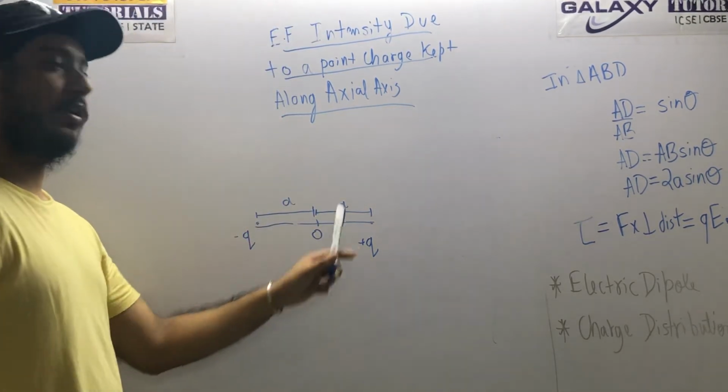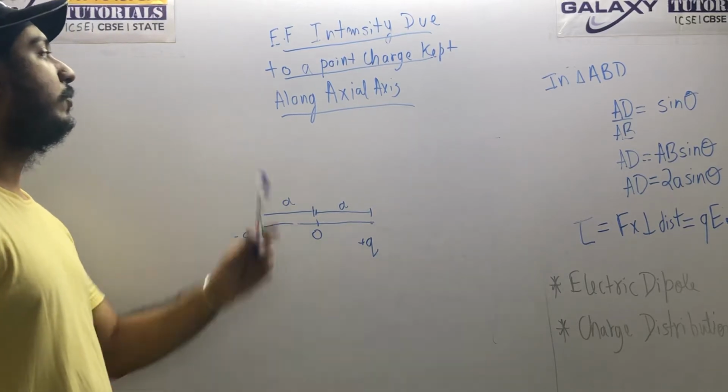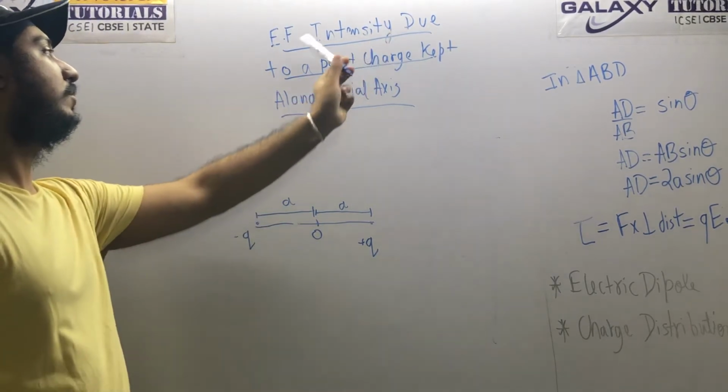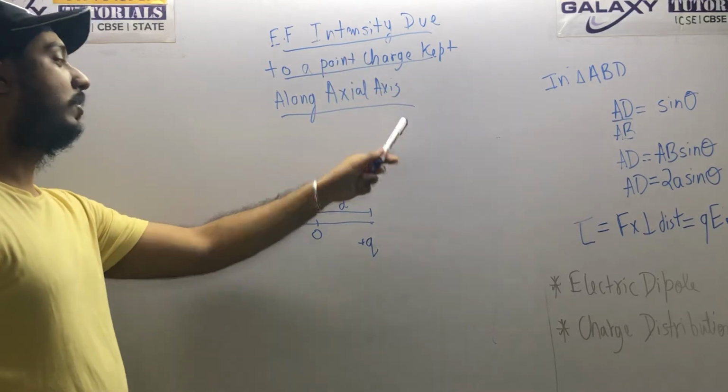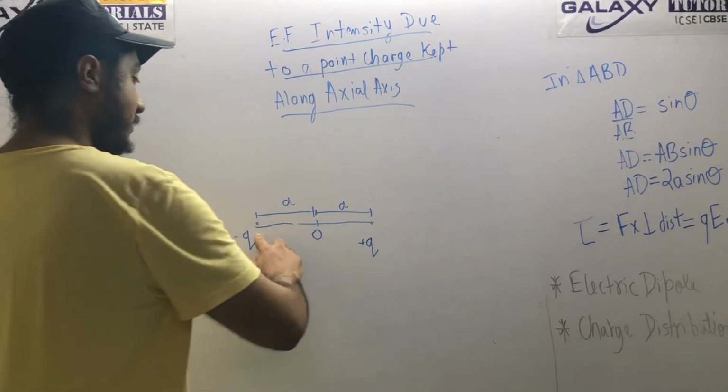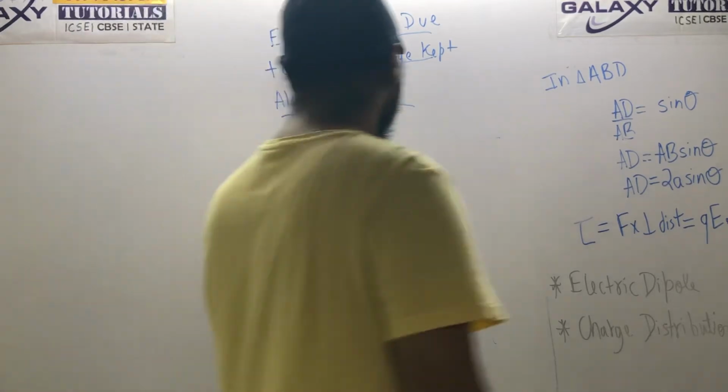Distance is 2A. Now, what is the axial axis? The axial axis is along this axis only. So I will make a dotted line.